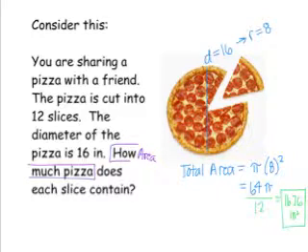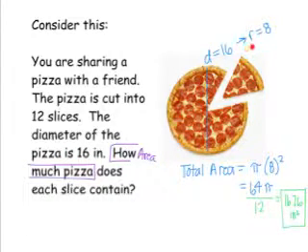I ended up with 16.76 inches squared for one slice of pizza, and this is how I thought through that. How much pizza is a question about area. I want to know how much pizza is each slice, so how much is on one piece? The first thing I did is label my diameter, because it tells me that the diameter is 16.